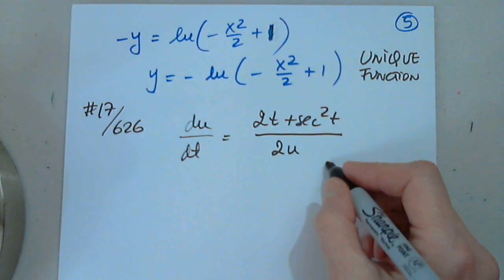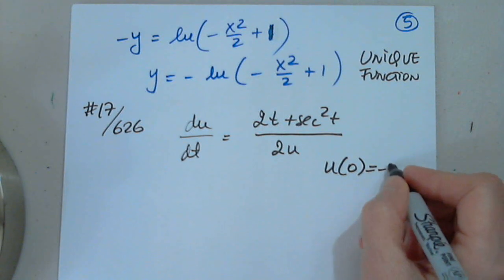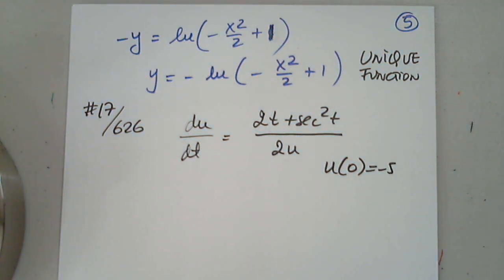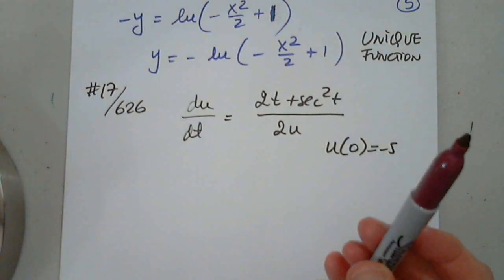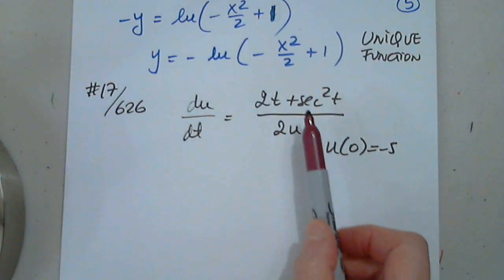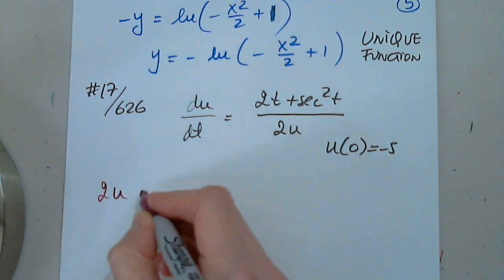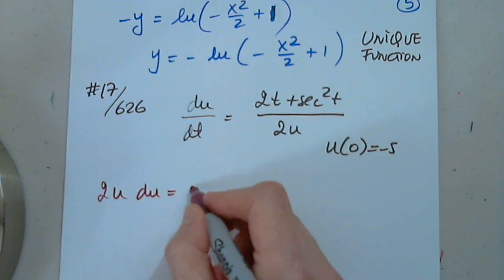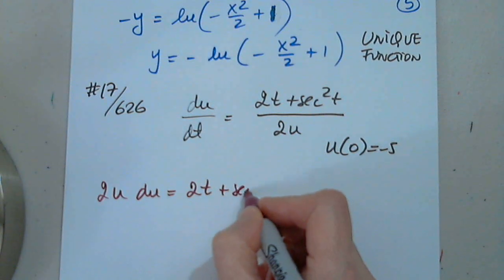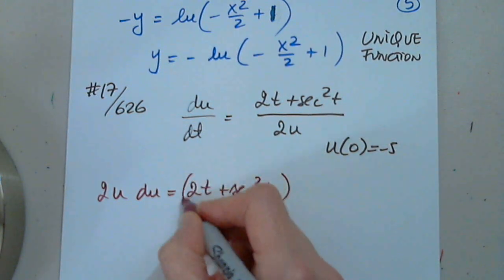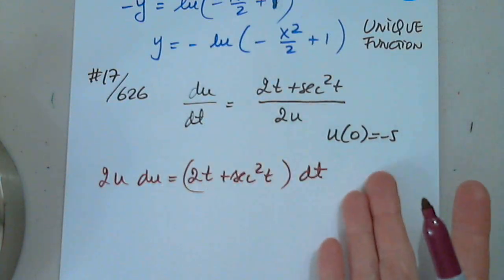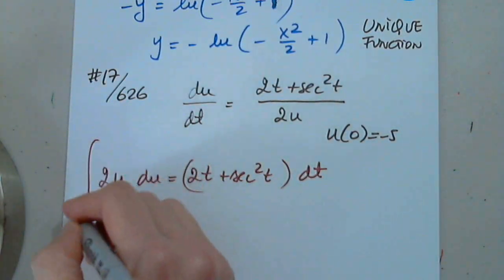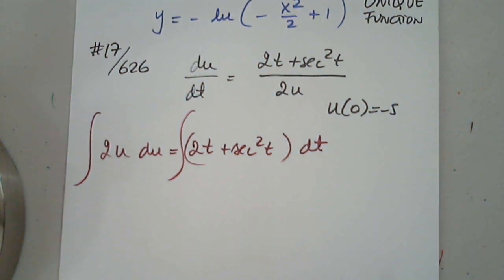We are given an initial value that u of 0 equals negative 5. Good. So at this point, what are we going to do? I'm going to cross multiply. So 2u du equals 2t plus secant squared t, everything in parentheses, dt. Very nice. Everything with t's on one side, with u on the other, ready for integration.